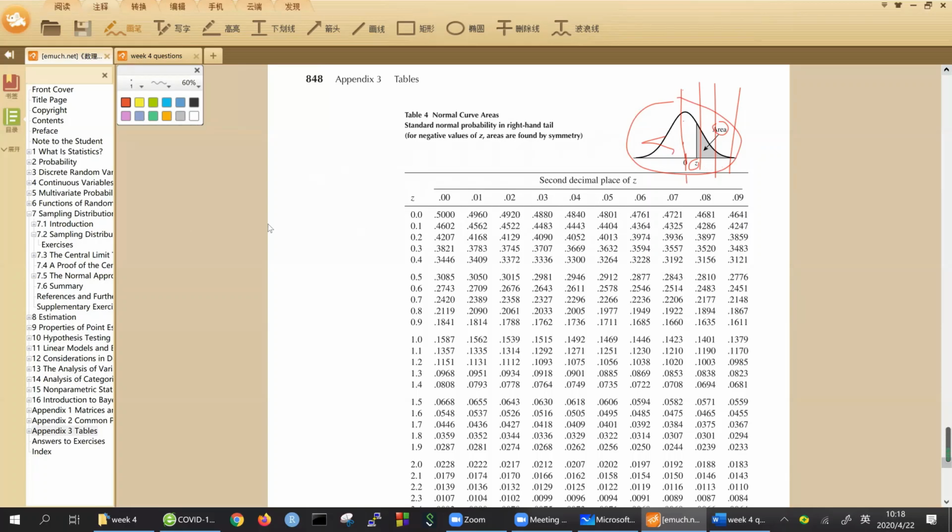This is called the critical value. So z is the critical value, and bear in mind, z is a number on the real line, and z must be greater than 0 since we are only covering the right-hand side.